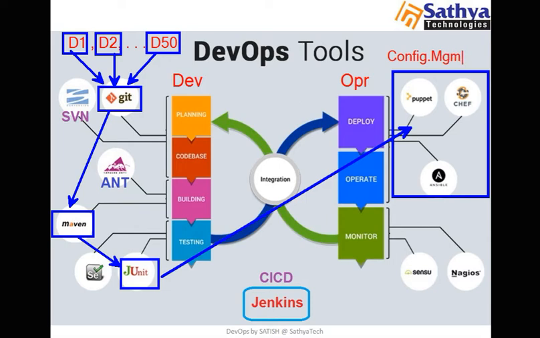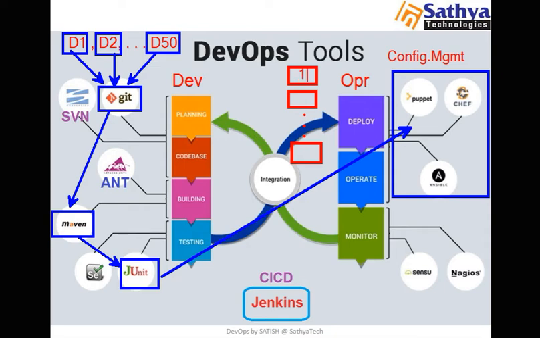If you have multiple servers, all these servers can be managed by these CM tools. In my case, I have multiple servers, and in all these servers I have to install some packages. I have server 1 and server 2, and so on, nearly 100 different servers.